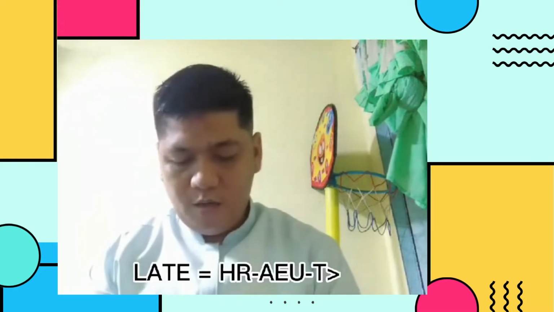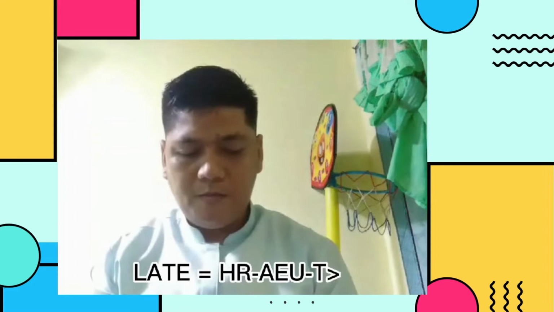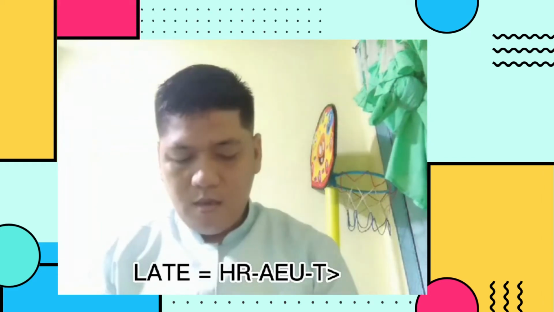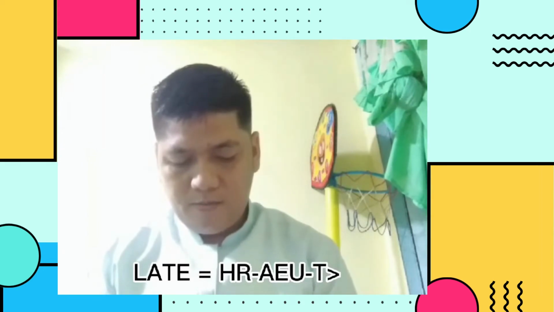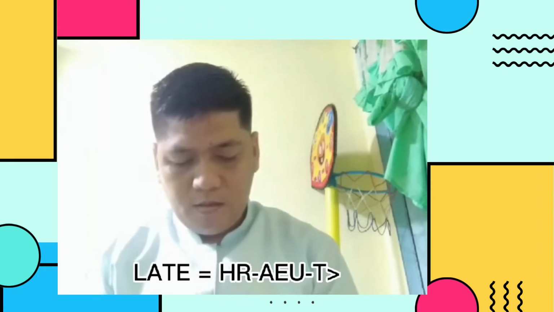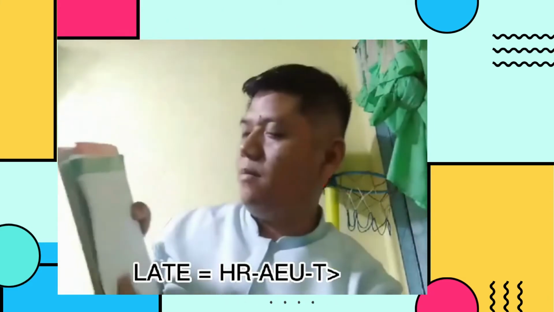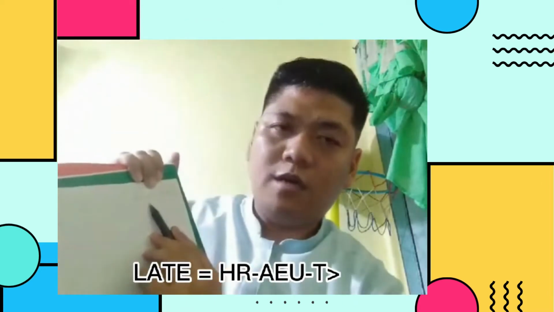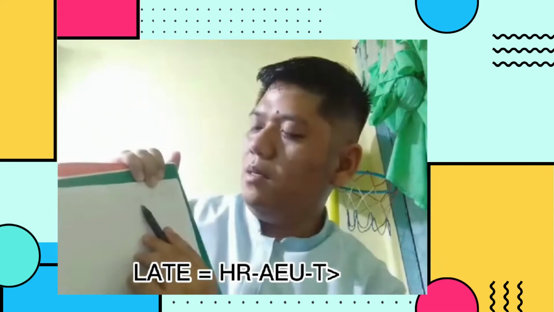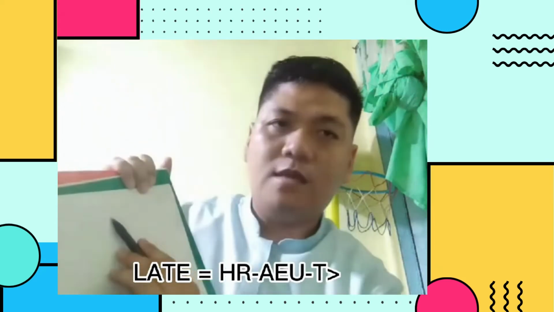Late is initial letter HR, followed by the vowels A, E, U, ending letter T, then release. Late: initial letter HR, vowel A, E, U, then ending T, then release.